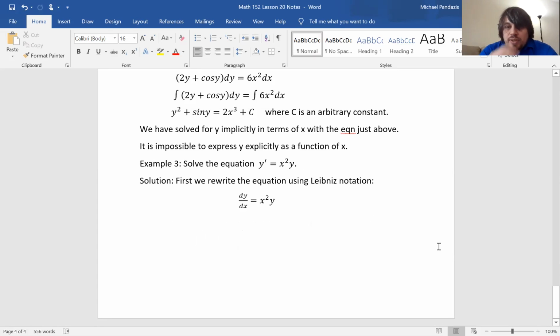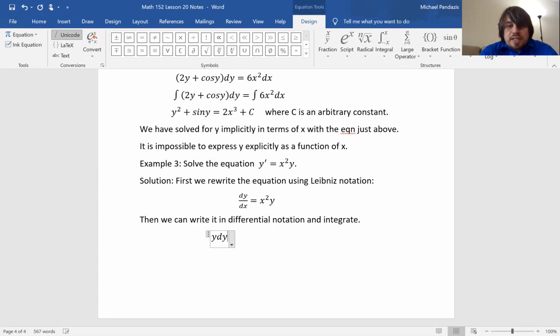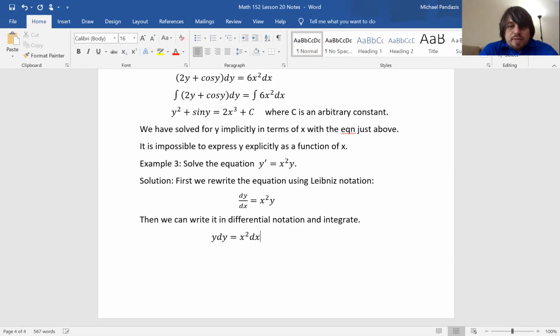Okay, so first I rewrote the equation, then we can write it in differential notation and integrate. The fact that we've written it in Leibniz notation first tells us basically what the differential form of the original equation is.